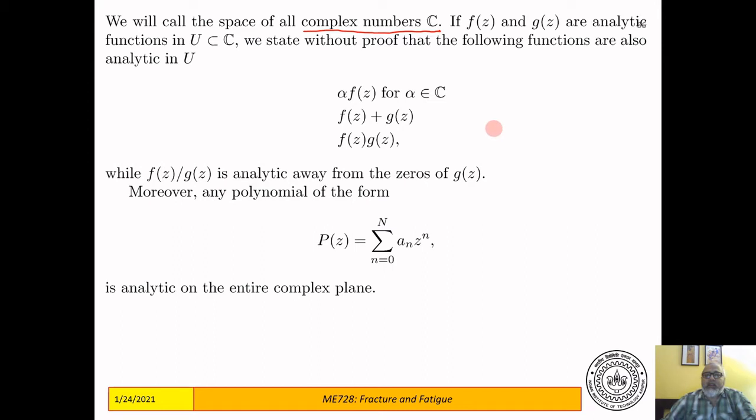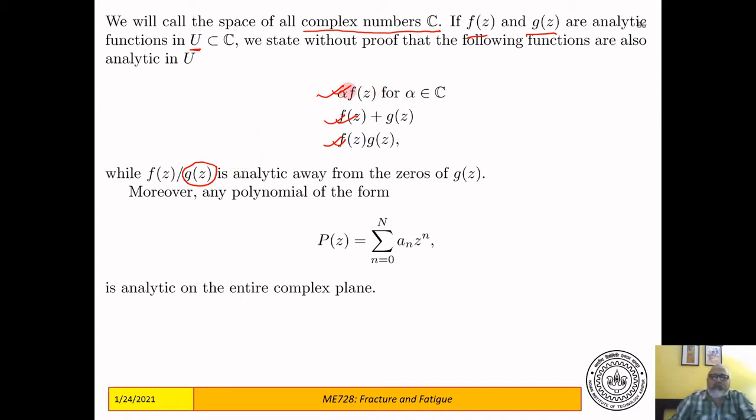And if f(z) and g(z) are analytic functions in some part of C, we call that U, then alpha f(z) is also analytic, f(z) plus g(z) is also analytic, f(z) times g(z) is also analytic, and f(z) by g(z) is analytic provided that g(z) is not equal to 0. If g(z) is 0 at some point, then of course it's not analytic. Otherwise, f(z) by g(z) is also analytic.